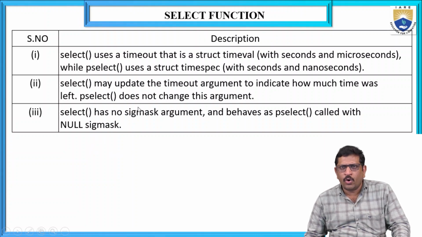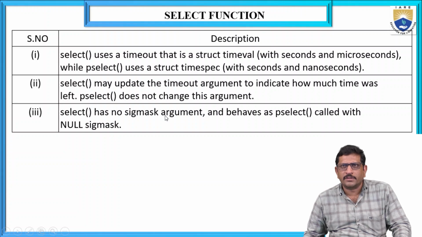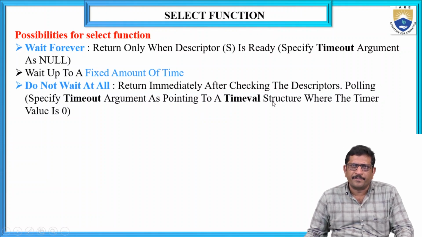Select has no signal mask argument. Using select behaves like pselect that is called with a null signal mask. So these are all the differences between select and pselect.